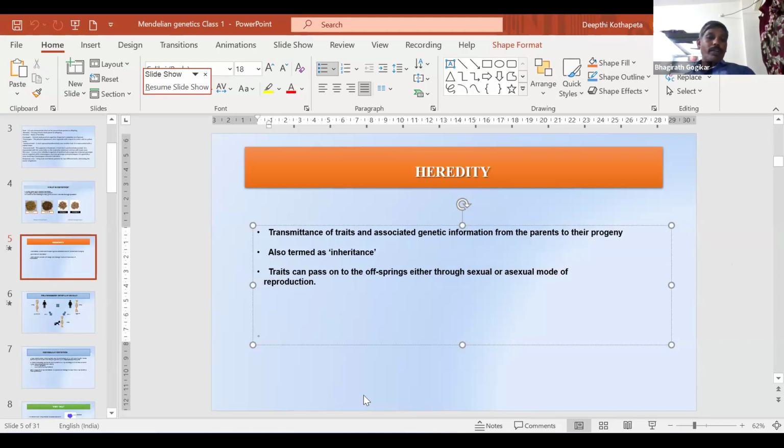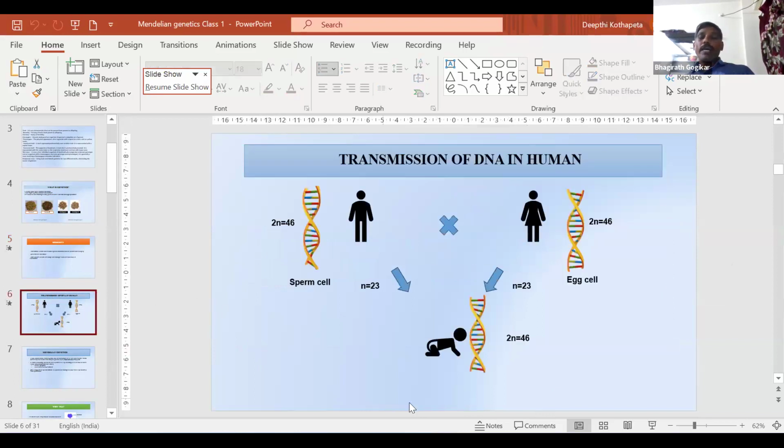For example, let's see how human characters are transmitted from one generation to another. Every human being has a diploid chromosome number of 46, that is 23 pairs, and the female also has 46 chromosomes. During sexual reproduction, the male gamete or sperm cell contains the haploid chromosome number of 23, and in the same way the female cell contains 23 chromosomes. During gametogenesis, meiosis takes place, so half of the chromosomes are present in the gametes.